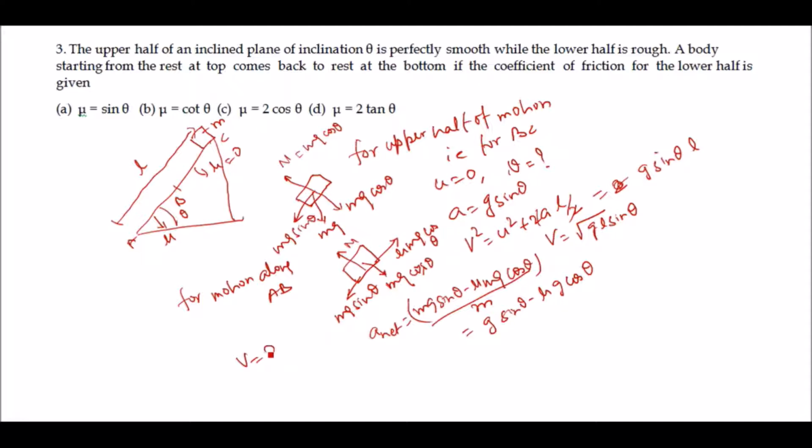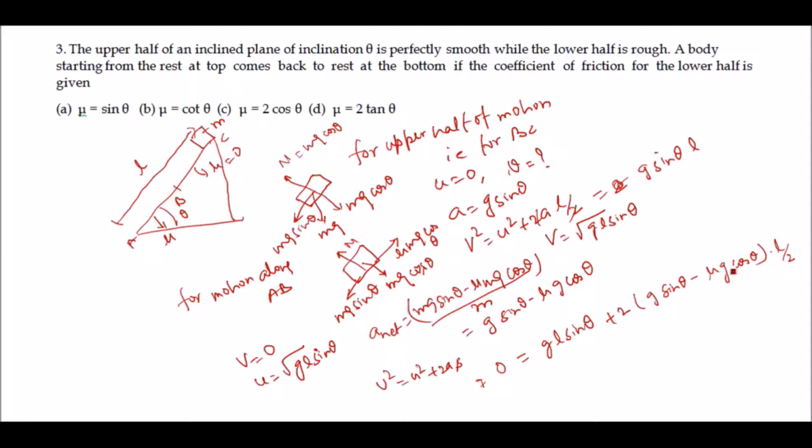For motion along AB, the final velocity must be equal to 0 because the body comes back to rest at the bottom, and the initial velocity u is equal to square root of gL sin theta. So we apply again the formula v square is equal to u square plus 2as, with v equal to 0, u square equal to gL sin theta, a equal to g sin theta minus mu g cos theta, and s equal to L by 2.